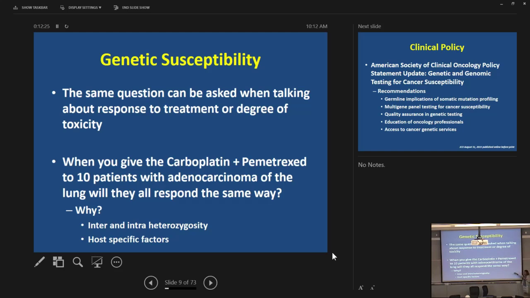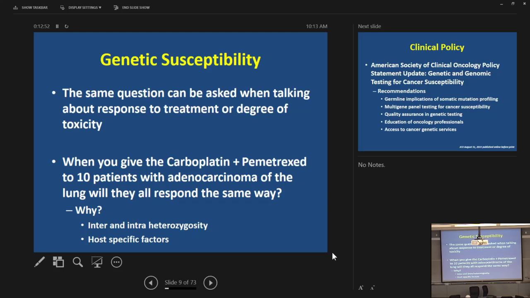This is where we run into inter and intra heterozygosity. What do I mean by heterozygosity? What does that mean? Differences in... no, not necessarily response, but gene... yeah, genotypes, right?